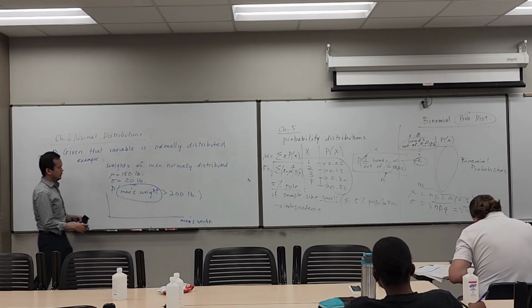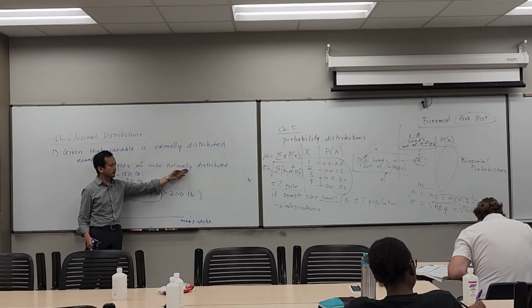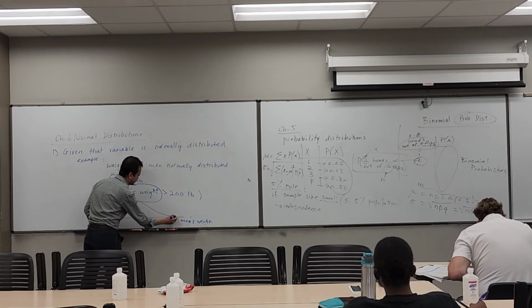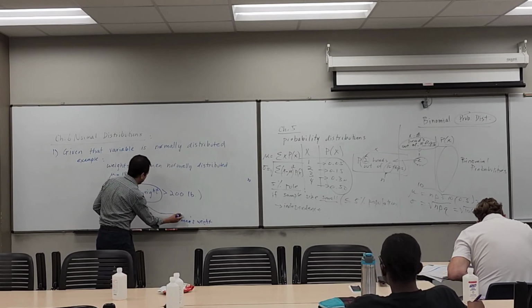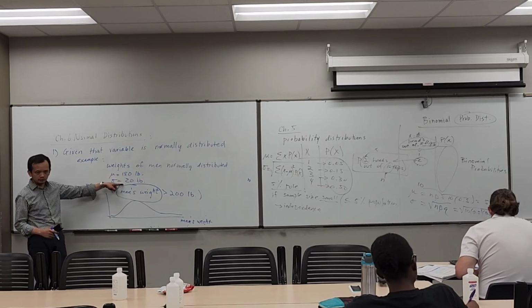In this case, it's straightforward because it's told to you that the weights of men are normally distributed. Normally distributed just means bell curve. So you can draw out the bell curve. And you're also given what the parameters of that bell curve are. You're told what the mean is, you're told what the standard deviation is.